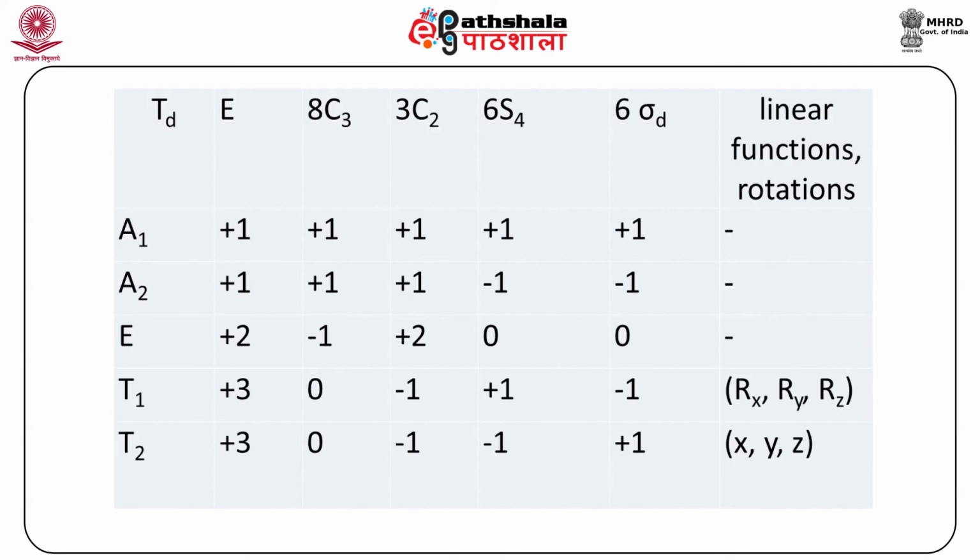Now, if I take x, y, z, they form the basis for T2, as they are listed against the T2 irreducible representation. So, for the T1 irreducible representation, Rx, Ry, Rz are the basis.